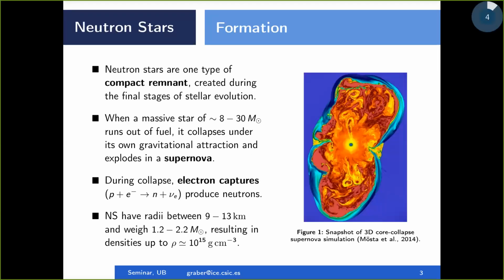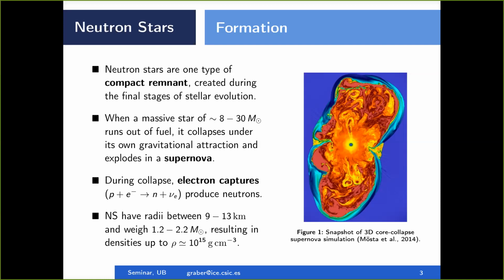So neutron stars are one type of compact remnant that is essentially created during the final stages of stellar evolution, when a massive star that has something like 8 to 20 or 30 times the mass of our sun runs out of fuel and essentially collapses under its own gravitational attraction. And the layers fall inwards, the outer layers then bounce back.